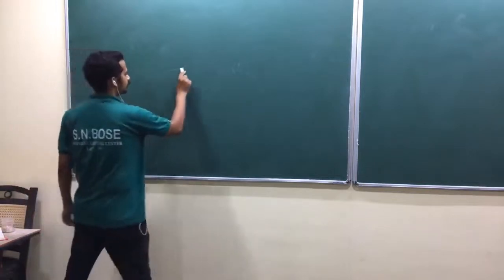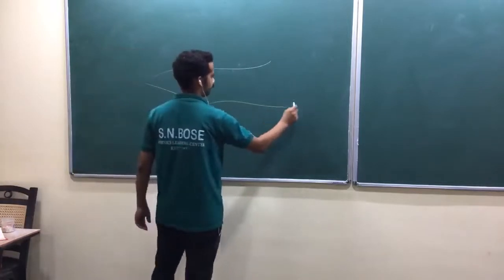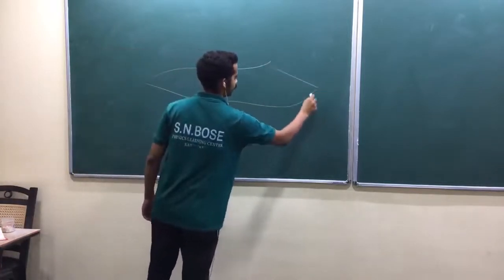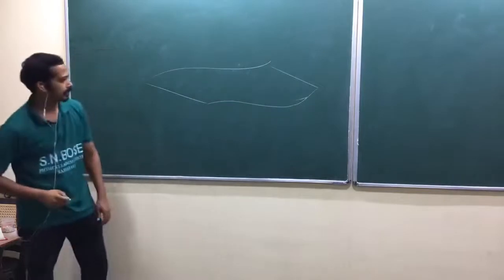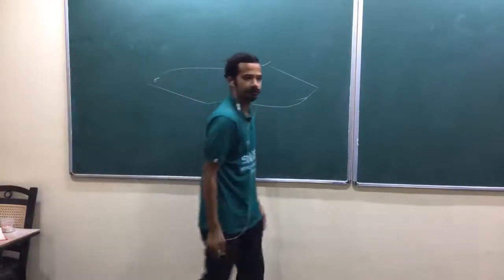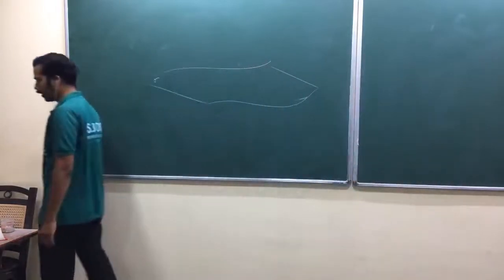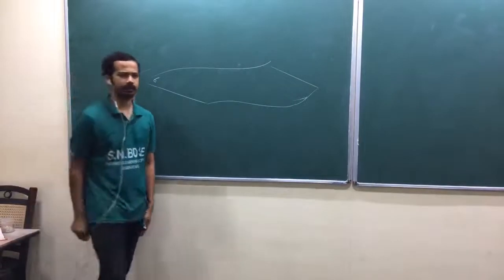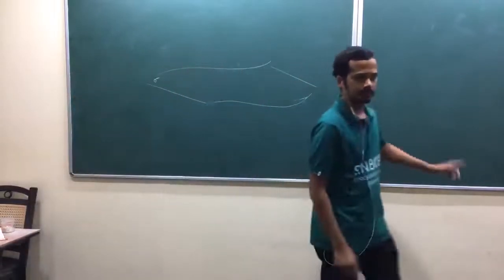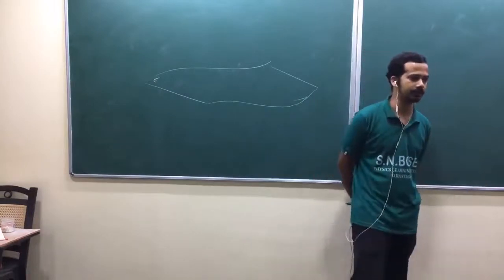Let me take one surface which contains surface charge distribution sigma. I think I told earlier, am I right? Whenever there is a surface charge, just go for the earlier problems, your electric field will suffer discontinuity.